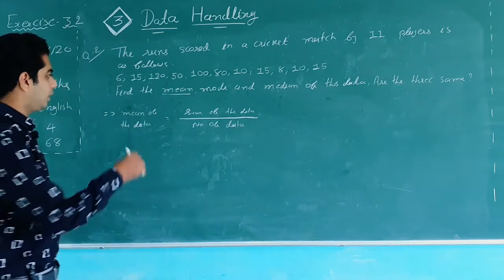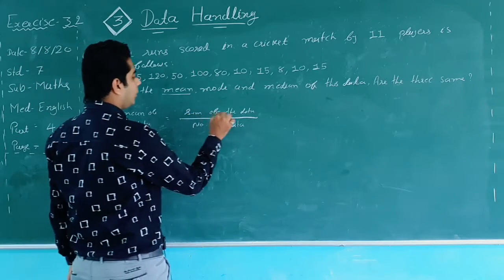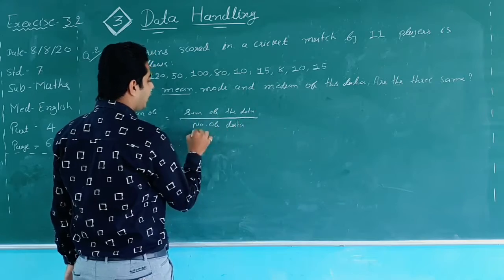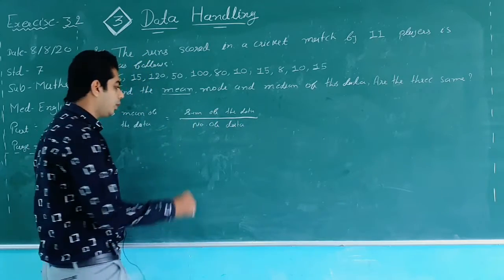Whatever you want, you can write it like this: sum of the score divided by number of players. That you can also write.